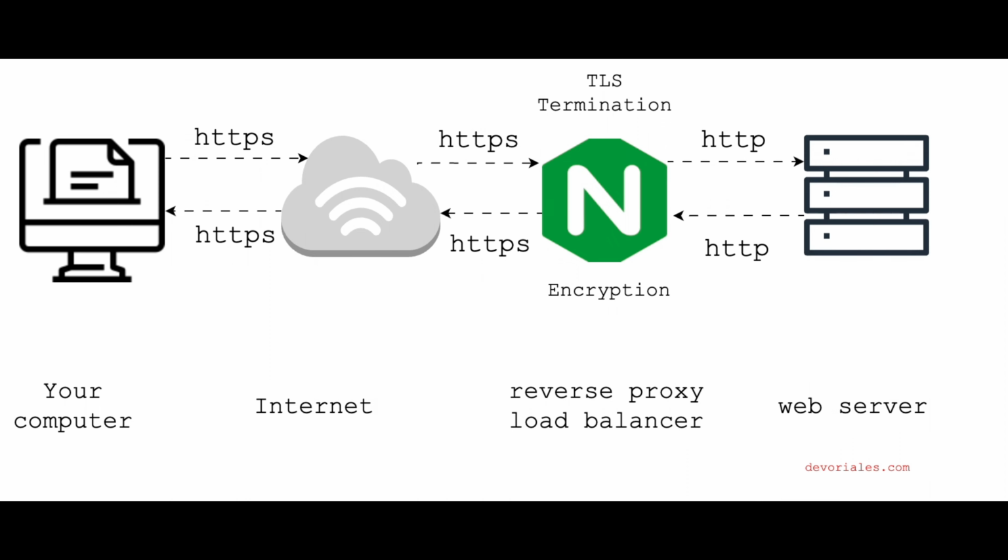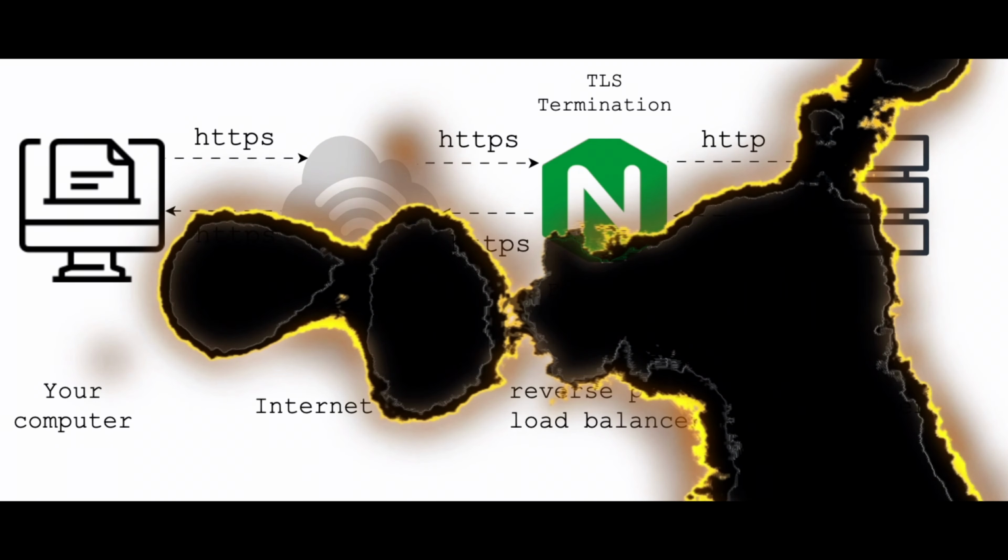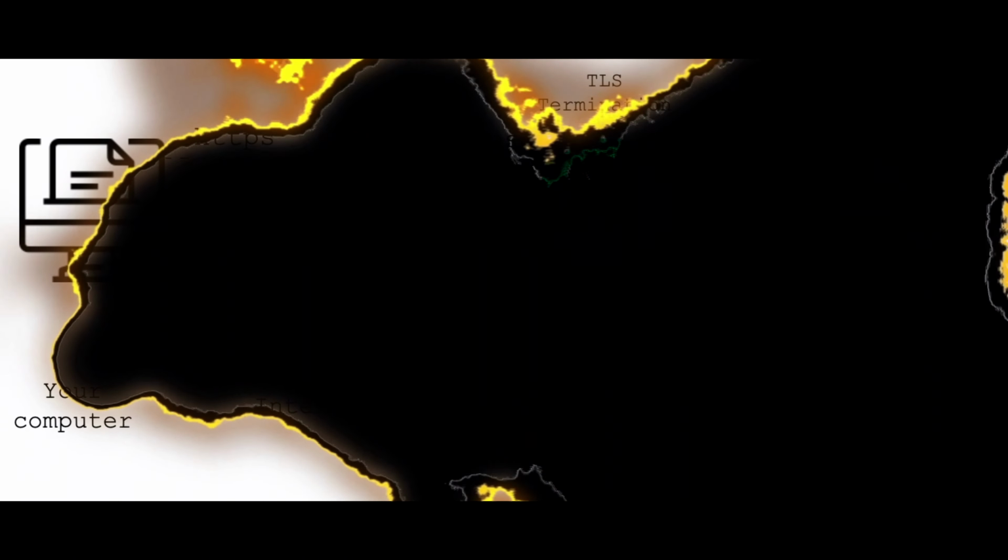Once the response comes from the web server over HTTP, NGINX encrypts it again and sends it back to your computer. So it's another benefit where you can use this NGINX server for encryption and decryption, and you can configure your security layer here instead of doing all of this on your application server.